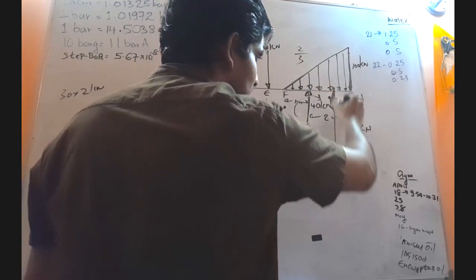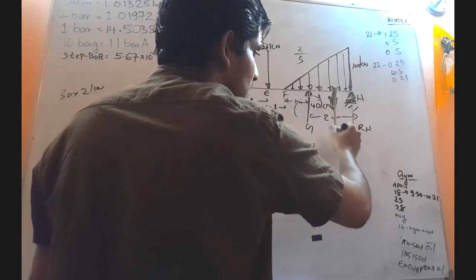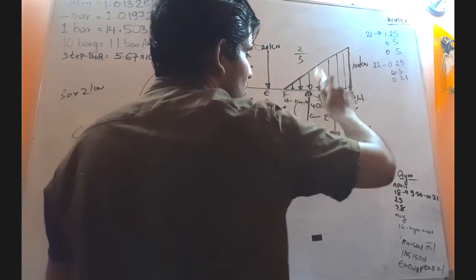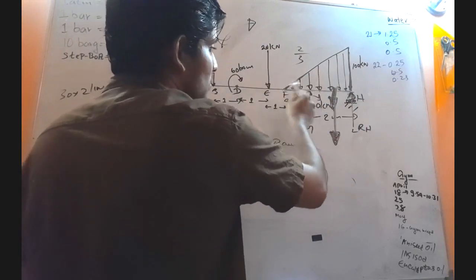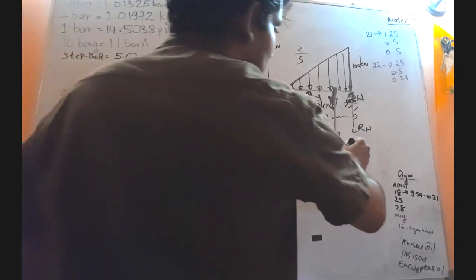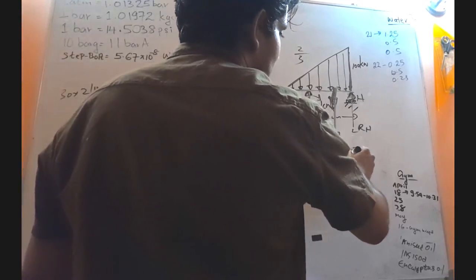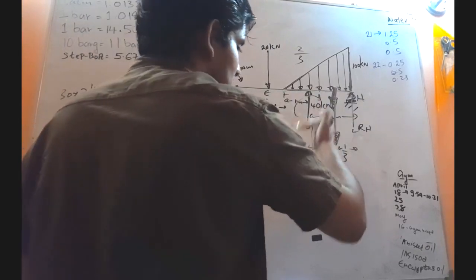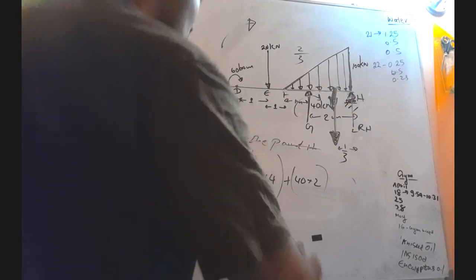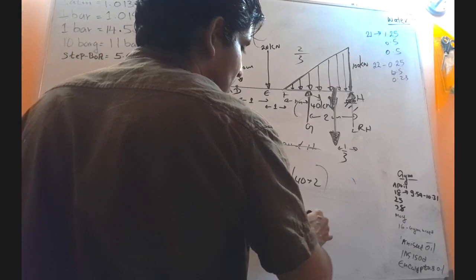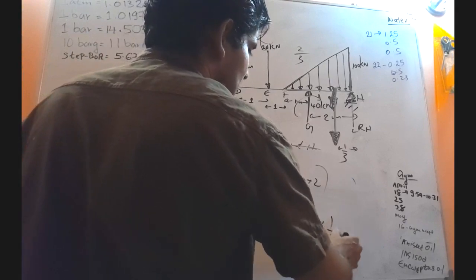I will sketch again if you want. So the perpendicular distance will be 1/3, because the length is 3 meters. So the moment is negative: first the total intensity, half into base 3 into height 100, into perpendicular distance 1/3.